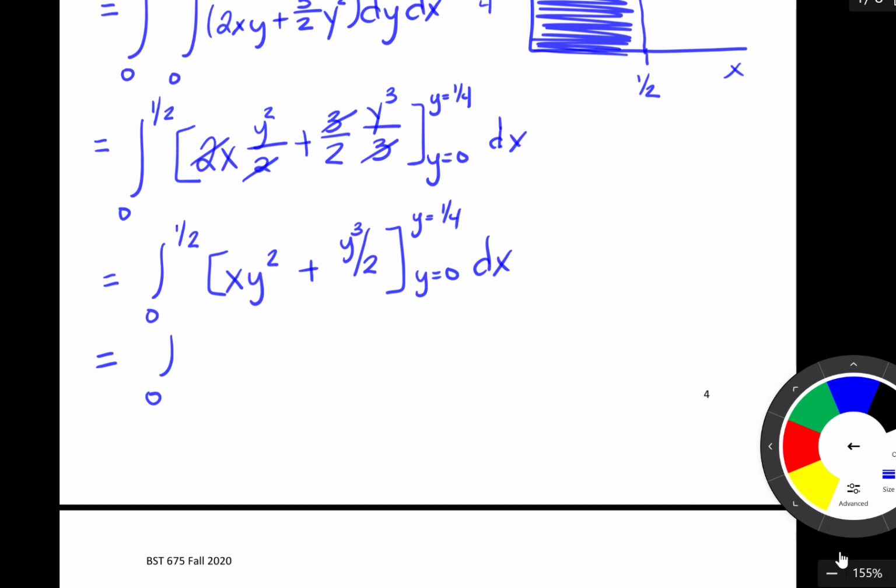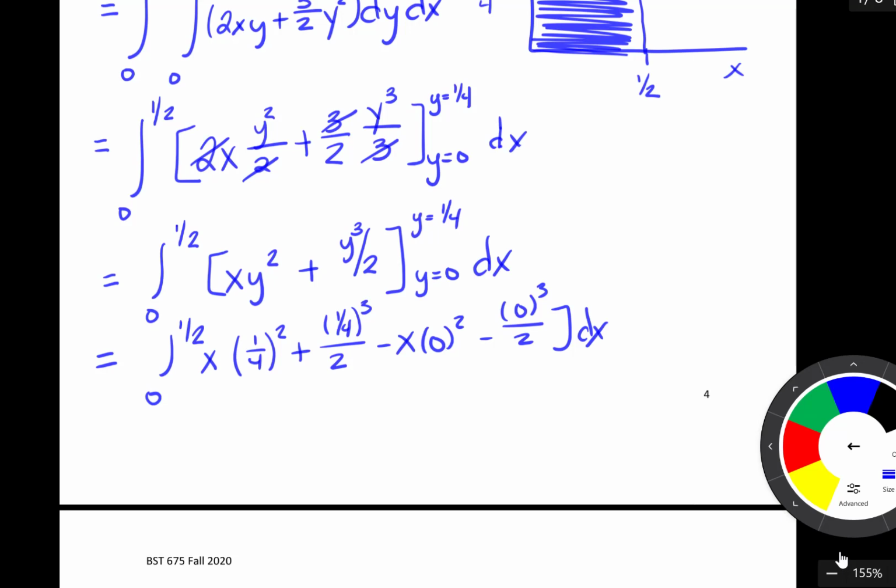So this is going to be equal to the integral from 0 to 1/2 of x times 1/4 squared plus 1/4 cubed divided by 2, minus x times 0 squared minus 0 cubed divided by 2, dx. And so notice this is going to be equal to the integral from 0 to 1/2 of 1 over 16 x plus 1 over 128 dx.